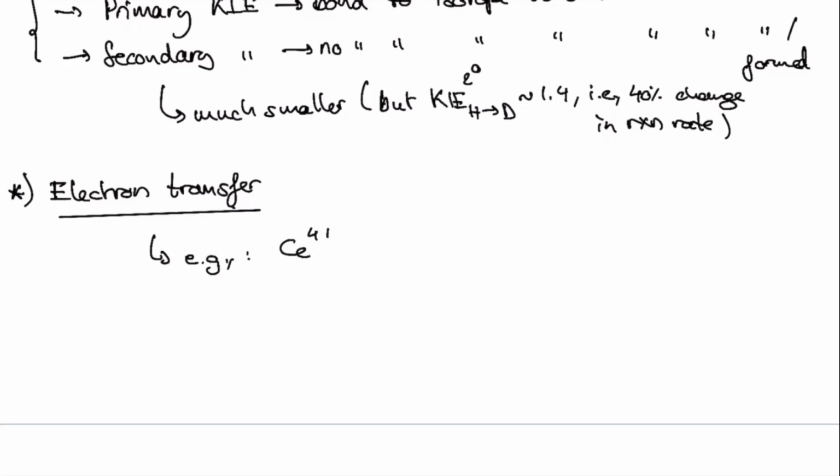Cerium 4 plus plus iron 2 plus gives cerium 3 plus plus iron 3 plus. So we didn't make or break any bonds.